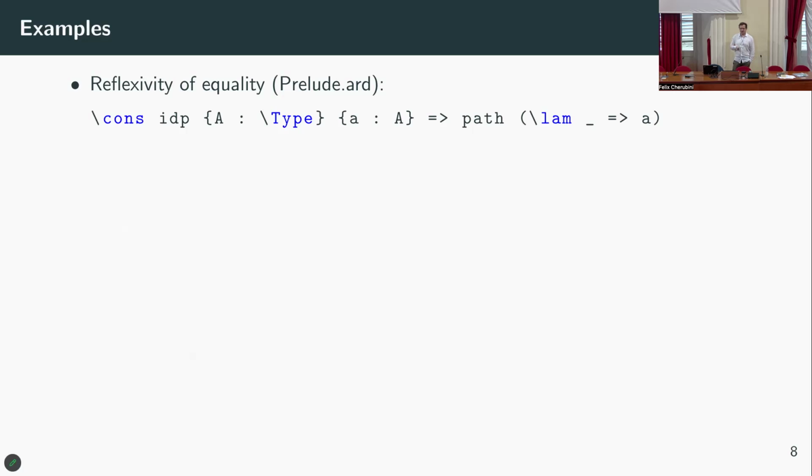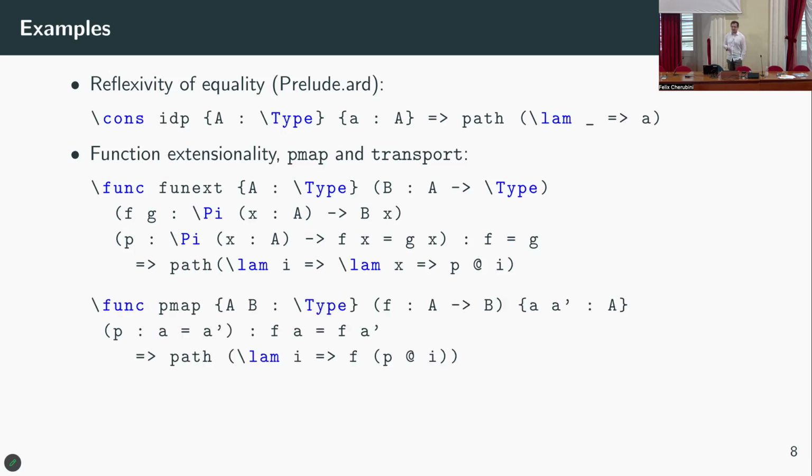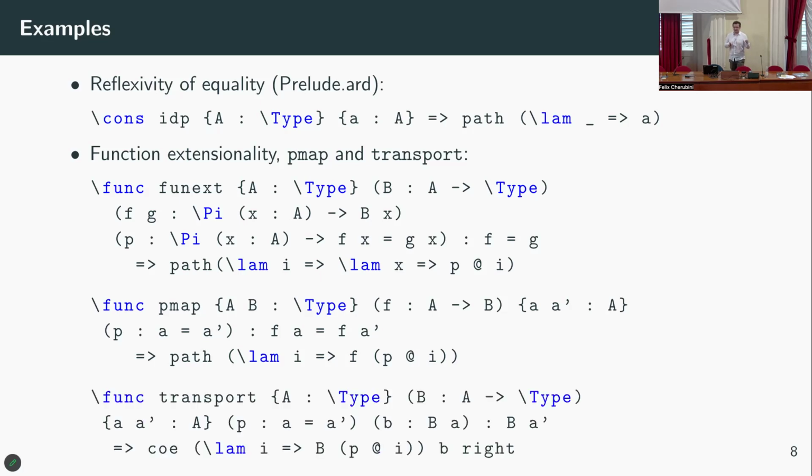So let me give some examples. There is symmetry, identity. We have function extensionality, which is trivially proven here. Then standard function mapping, equality of arguments, equality of images, and just standard classical transport along equalities.